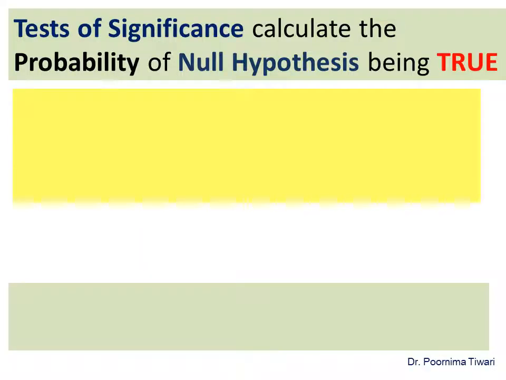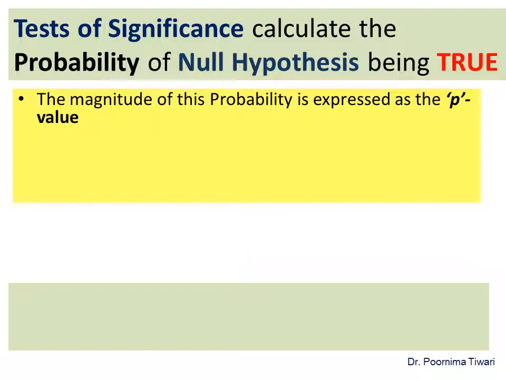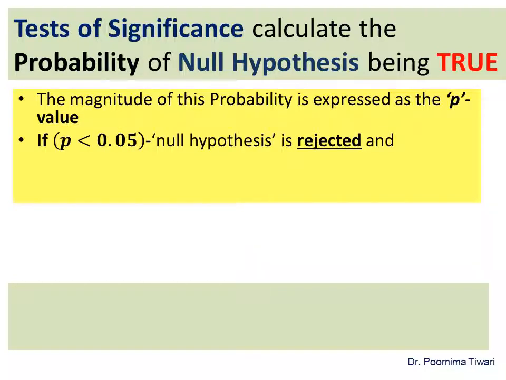All the tests of significance, including the chi-square test, calculate the probability of null hypothesis being true. The magnitude of this probability is expressed as the p-value. A cutoff p-value of 0.05 has been decided on. So, if the probability of null hypothesis being true is less than 0.05, we say it is too low, and hence the null hypothesis is rejected.